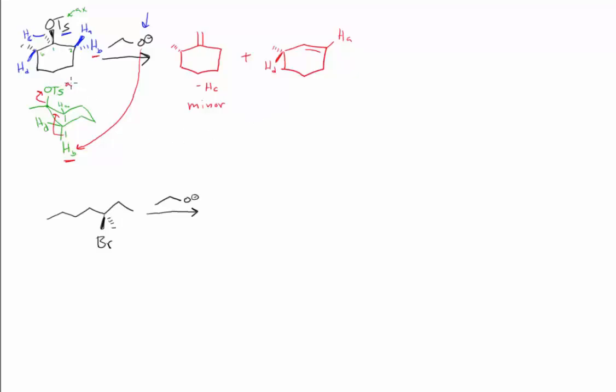The OTs needs to be axial, and HB, or any beta hydrogen, needs to be axial. So we're only going to get these 2 products. HA and HD will never be used in this elimination because they will never be anti-periplanar to the leaving group. And so we can label this one as minus HB.